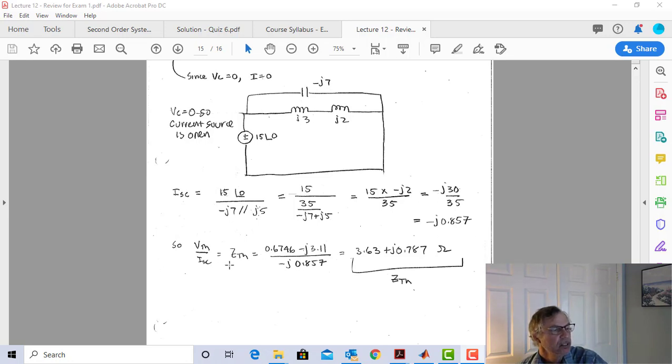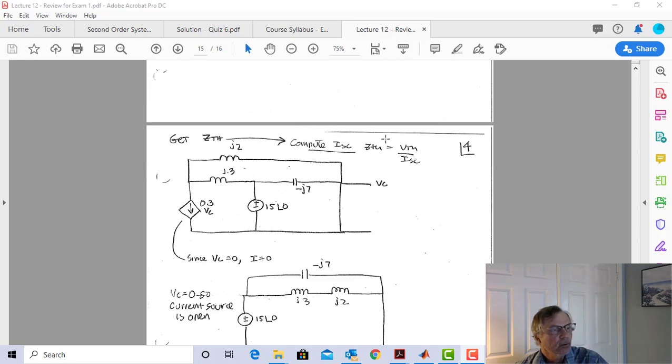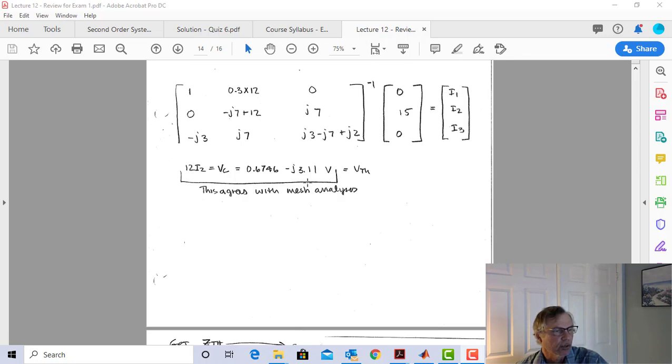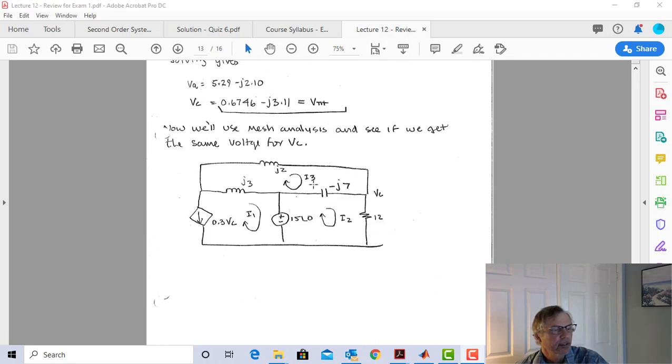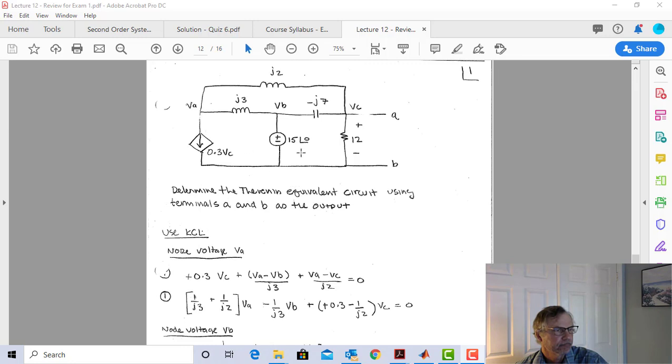So now we'll go after that Thevenin impedance. The Thevenin voltage divided by the short circuit current is going to be Z Thevenin. Don't think of this model up here when you do that. Think of the Thevenin model where you just have the Thevenin source and a Thevenin impedance.